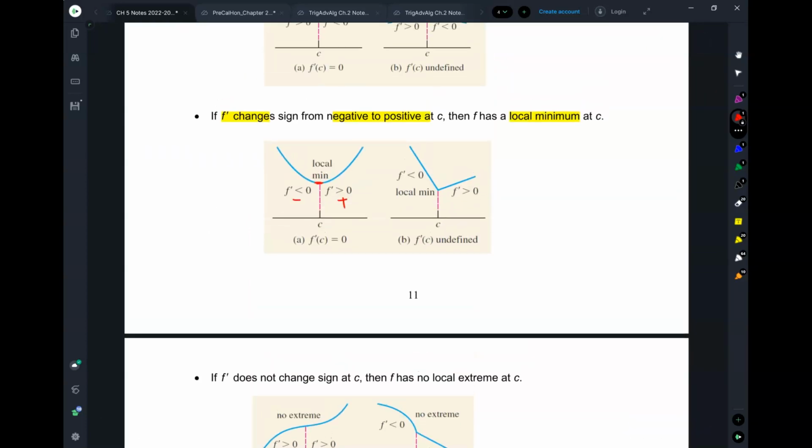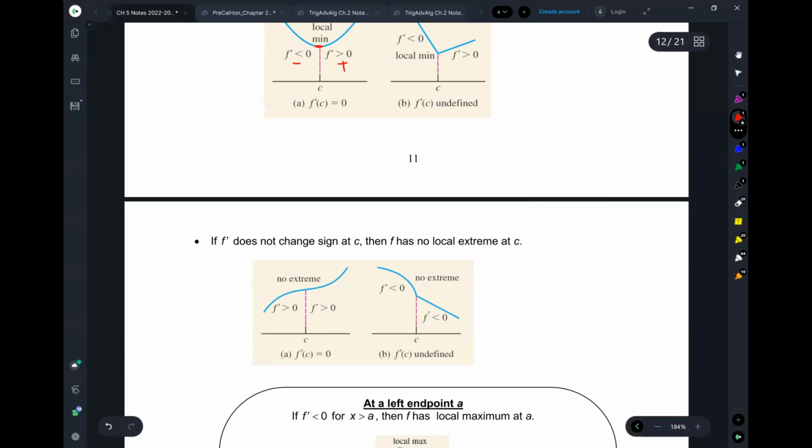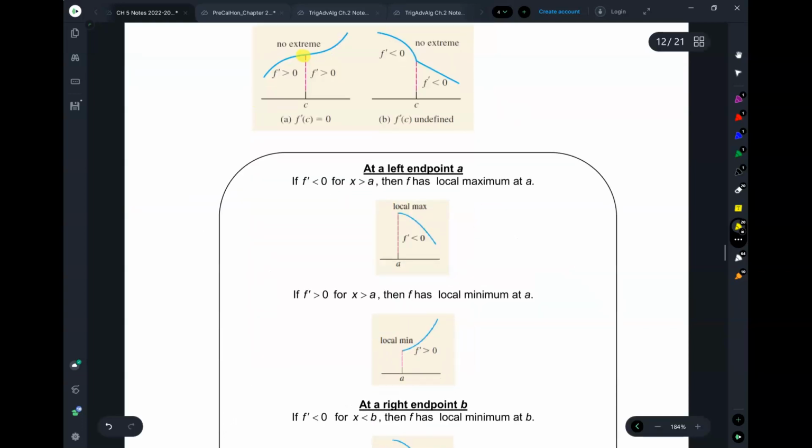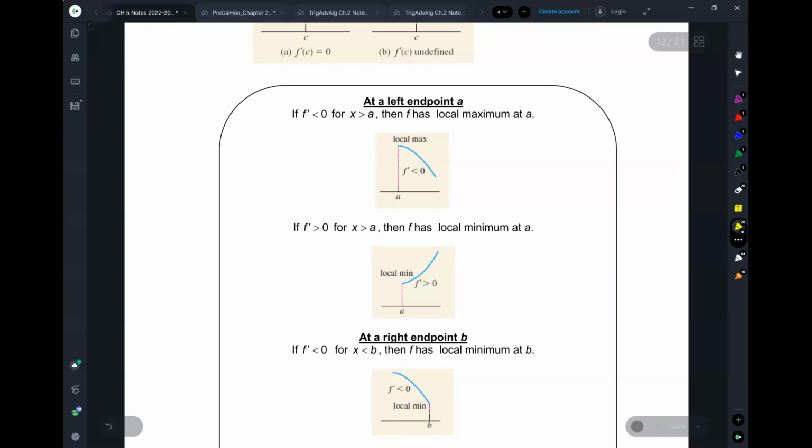Right, correct. It's like a relative. Okay. So here, like what we said before, even if there is a critical point, if there is no sign change, then there is no local extrema. Okay? All right. So what happens at an end point?